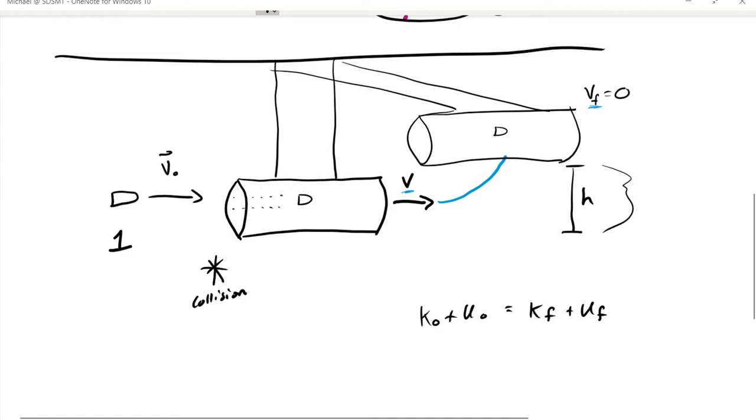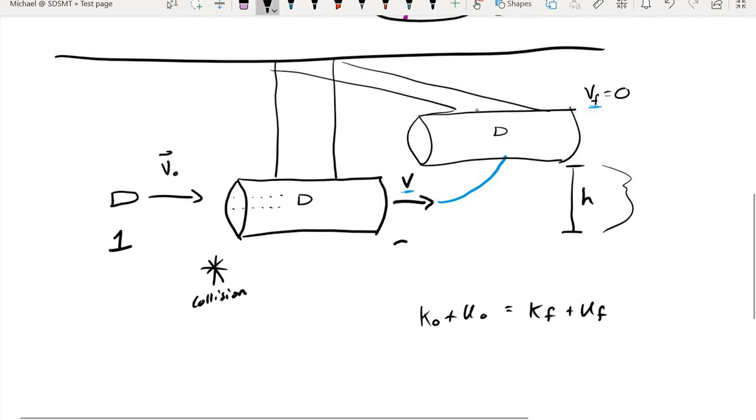And so the only thing in the system that has any momentum or any energy is the bullet. Before the bullet strikes, the log is just hanging there. It's not moving, doesn't have any momentum, doesn't have any energy.